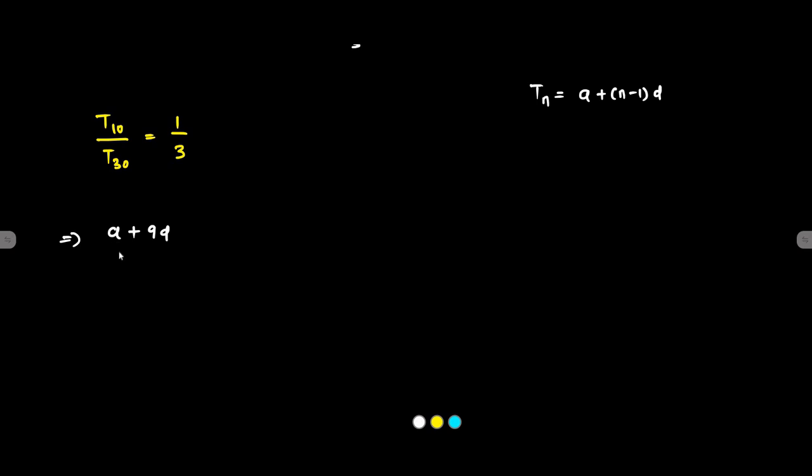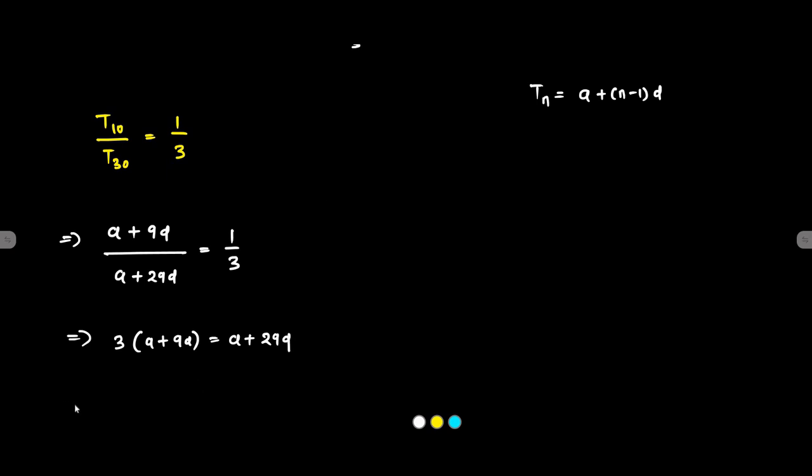And this is equal to A plus 30 minus 1, that is equal to 29D, that is equal to 1 by 3. That implies 3 into A plus 9D, cross multiplying, equal to A plus 29D.